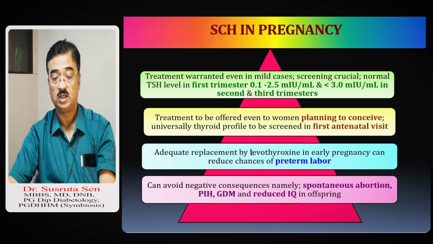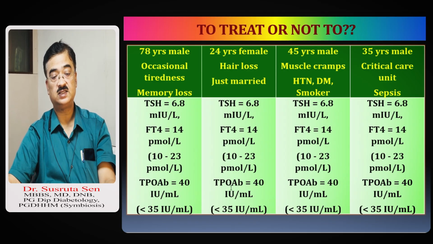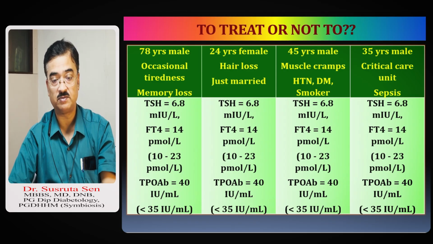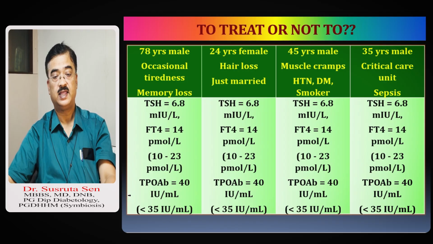Adequate replacement with levothyroxine sometimes prevents preterm labor, spontaneous abortion, pregnancy-induced hypertension, gestational diabetes mellitus, and also reduces the risk of lower IQ of the offspring, because brain development is a major function of thyroid hormones.